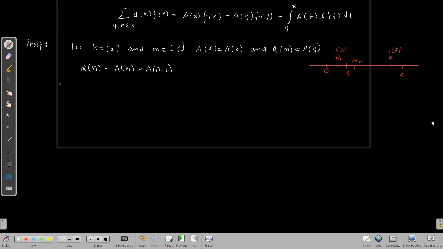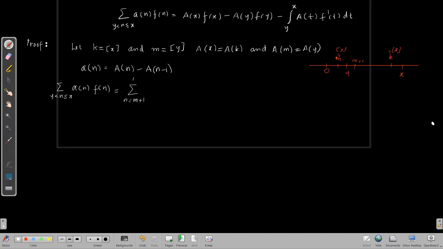Then the LHS becomes the summation over y less than n less than or equal to x of a of n f of n. The first integer after y is m plus 1, so this is the summation n equal to m plus 1 to k, the integer part of x.